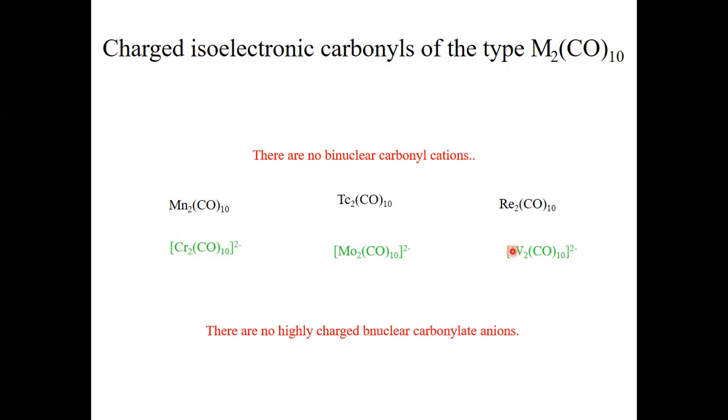So the higher homologs also exist, the molybdenum and the tungsten, but we cannot make any more highly negatively charged carbonylates for the reason that I discussed. A 4- charge would already destabilize the metal-metal bond too much.